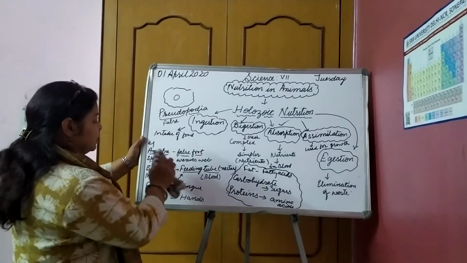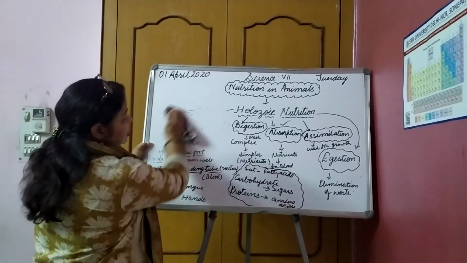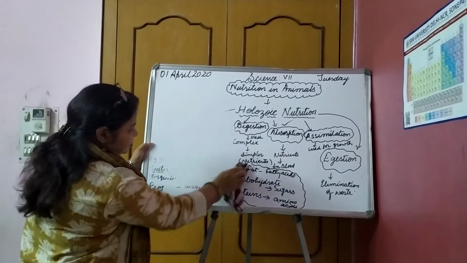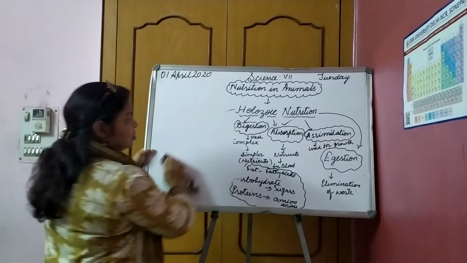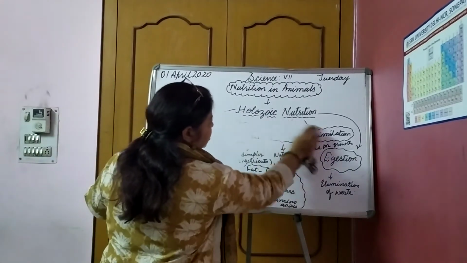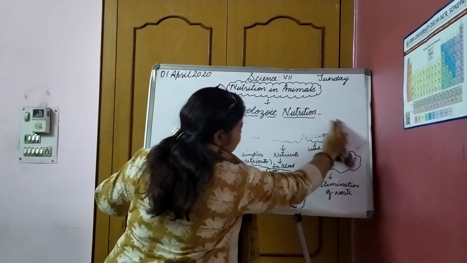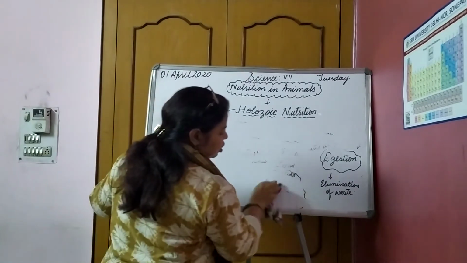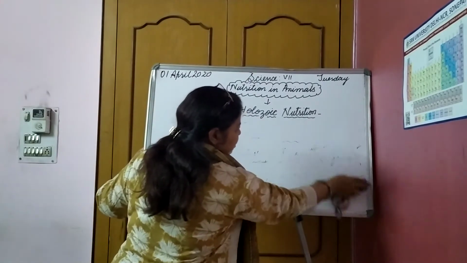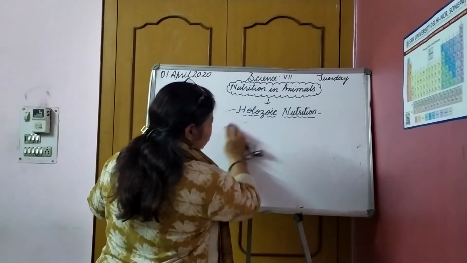Let us sum it up in a flow chart. Holozoic mode of nutrition is completed in 5 steps. And what are the 5 steps? Let us again repeat in a flowchart method.